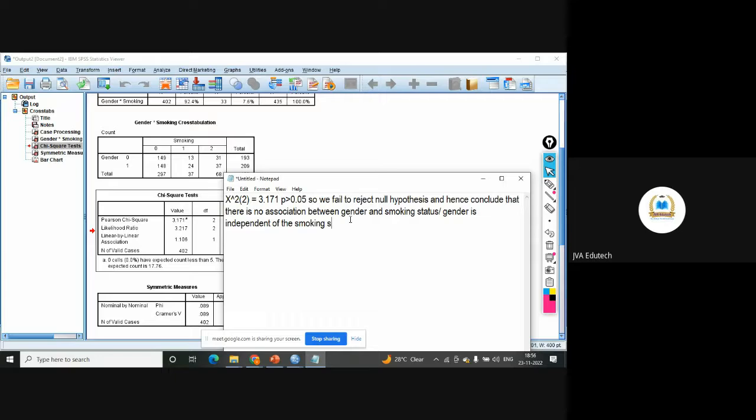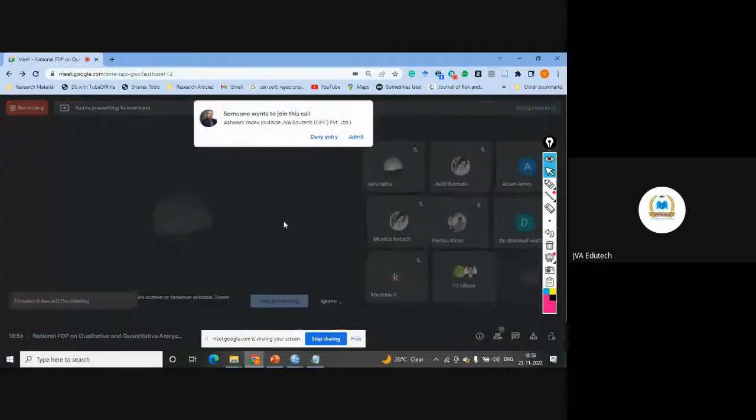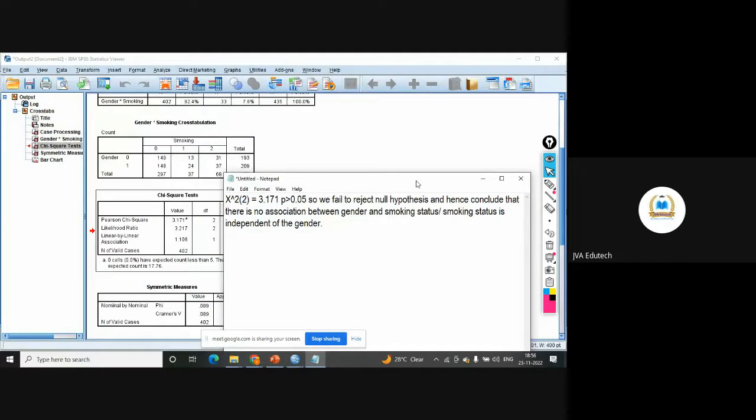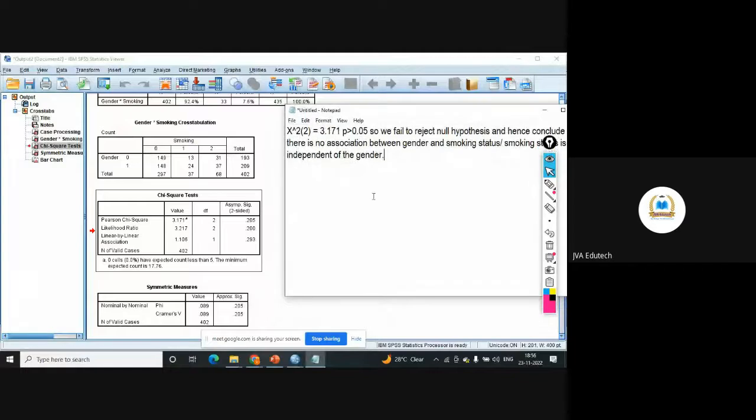Sorry, smoking status is independent of gender. So this is our overall interpretation from this.